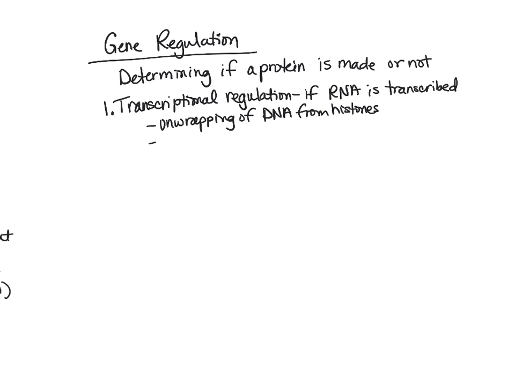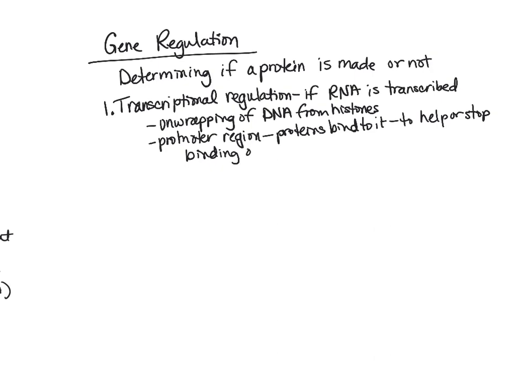So remember, we have that promoter region, and we can have proteins binding to help or stop the binding of the RNA polymerase. And this way we can turn on genes and turn off genes by the attachment of different proteins.